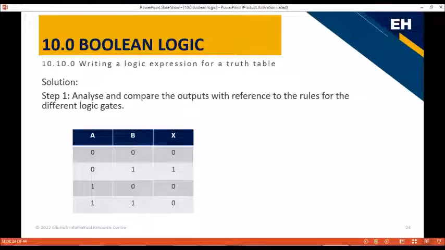Does this truth table look similar to any of the logic gates? Now the answer is of course no, because it doesn't look similar.